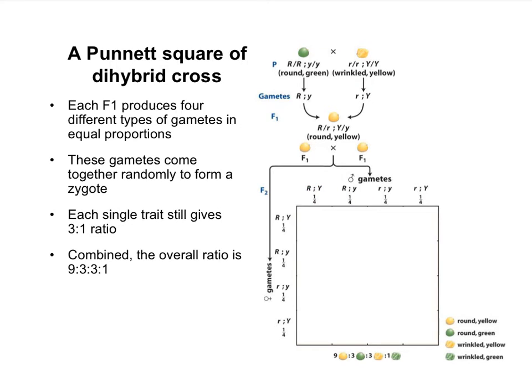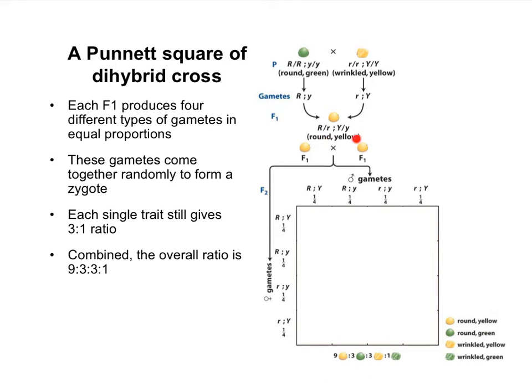It's just a notation. And you'll see that these are the possible phenotypes, right? You can get round yellow, round green, wrinkled yellow, wrinkled green, and these are the ratios you end up with: 9 to 3 to 3 to 1 of each of these phenotypes. Assuming you crossed this dihybrid, this is what you'd expect to get.